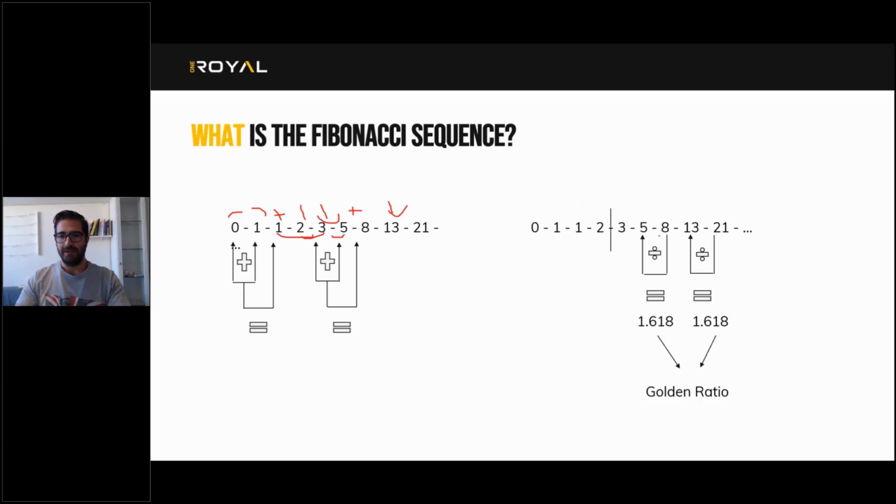And then what he mentioned is that after 3, if you divide, let's say, 5 divided by 3, you get 1.618. If you divide 8 divided by 5, you get approximately the same number. 13 divided by 8, you get approximately the same number, and so on.